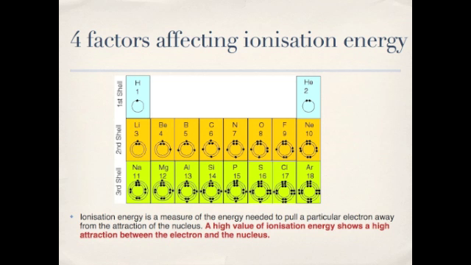It obviously has a lot to do with the atomic structure and how difficult it is to remove an electron. For some atoms it's quite easy to remove an electron, while for others it's not. And so this attraction between the electron and the nucleus is what we're going to look at.